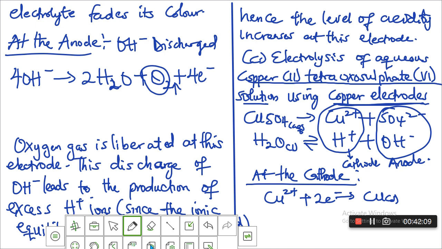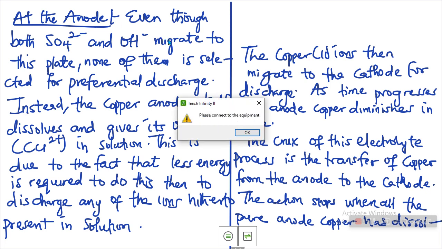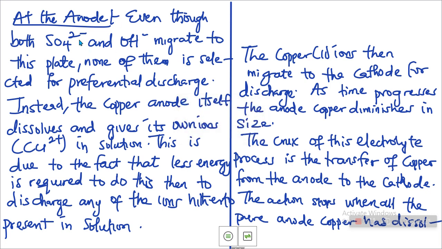So now at the anode, don't forget, this one is quite different. At the anode, instead of the SO4 2- or OH- migrating to discharge, none of them will discharge. Do you see that? So that's why it's quite funny.